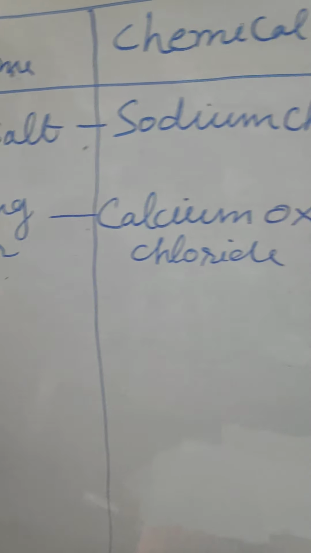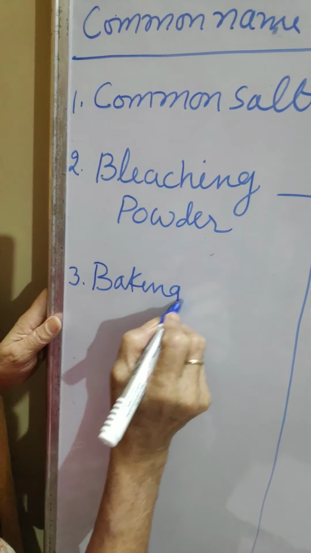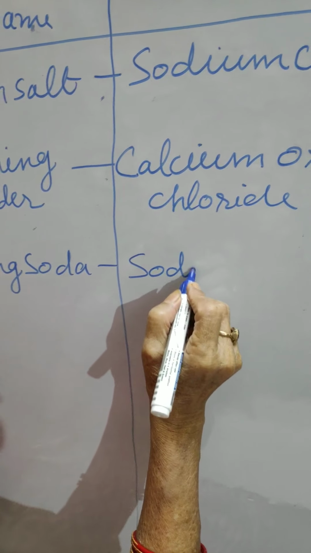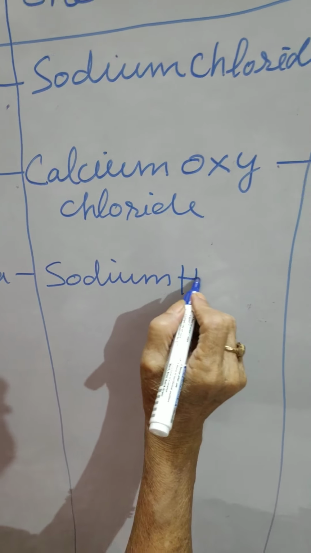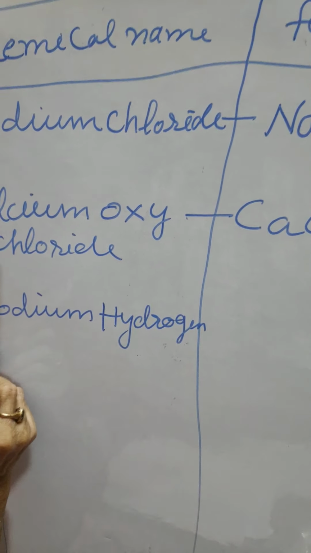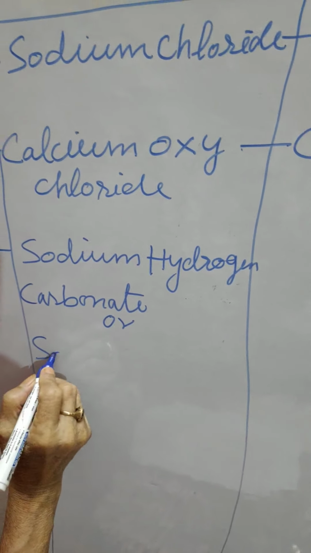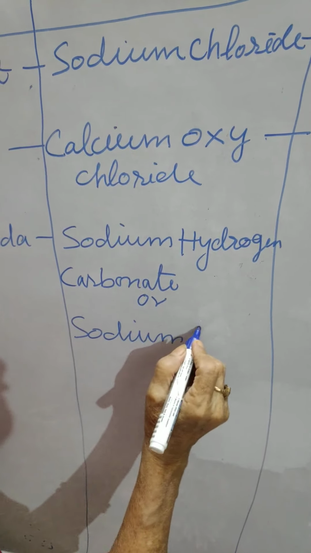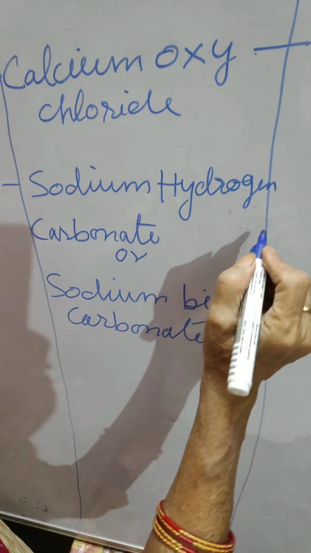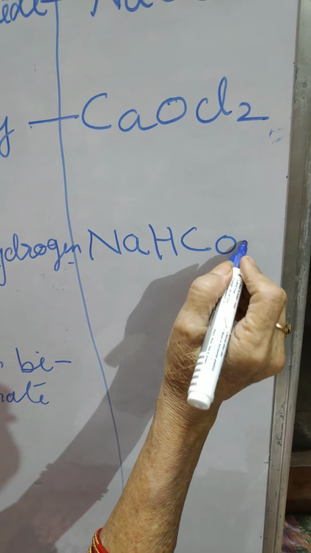Third, baking soda: sodium hydrogen carbonate, or sodium bicarbonate, that is NaHCO3.